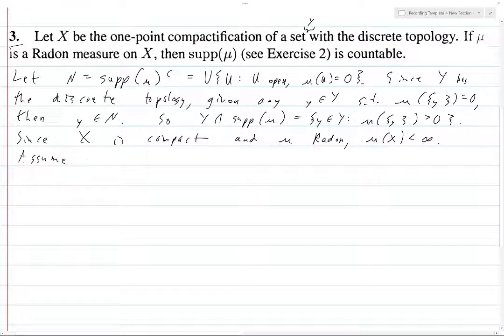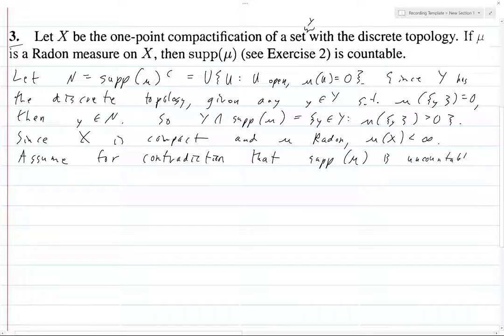Now assume, for a contradiction, that the support of mu is uncountable. Then so is Y intersect the support of mu, because the difference between X and Y is just the point infinity. So you're only throwing out one point, so it doesn't matter.